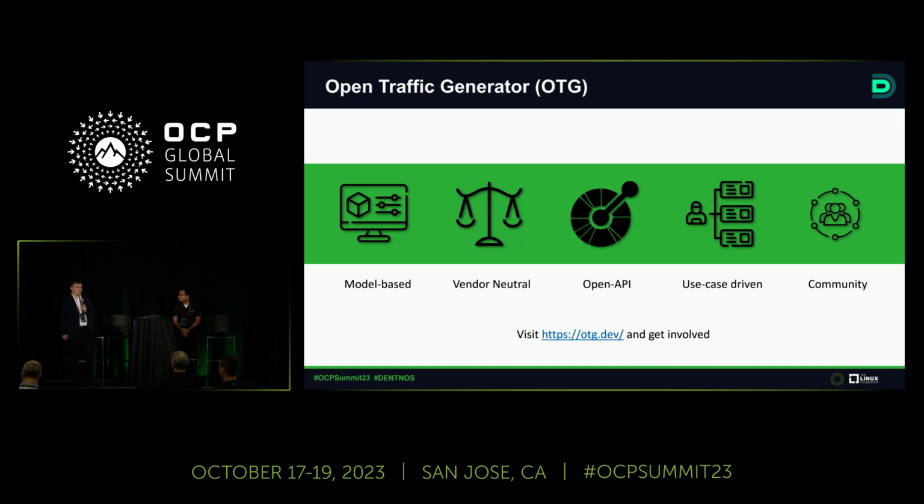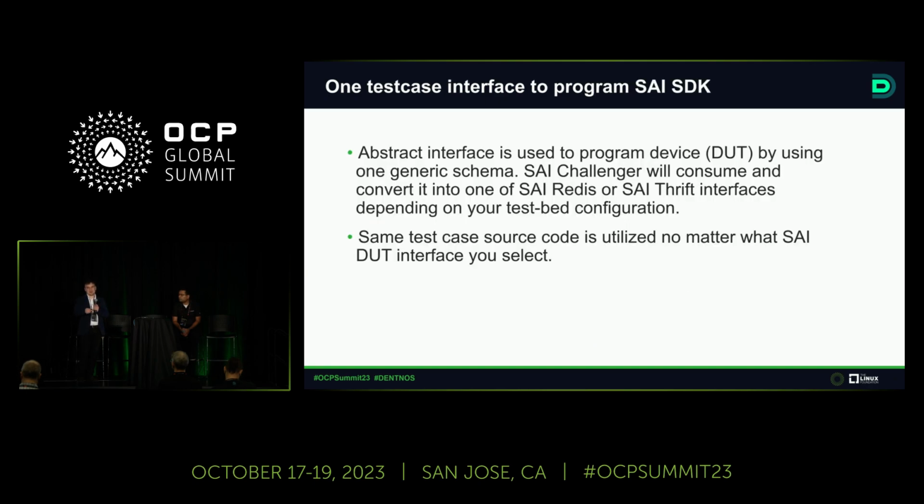For SAI, it was simple because the API is open sourced. For the data plane perspective, we can always use API from Spirent, from Ixia, but I believe then it will limit us on the way how we can test it. So we've utilized so-called OTG to have it agnostic, and Mano will talk a bit more about OTG.